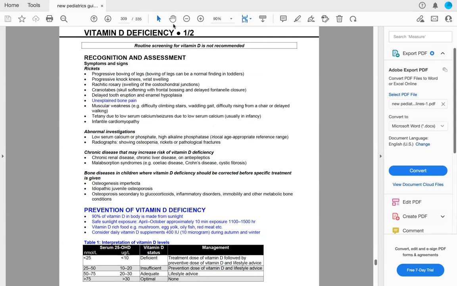If he can touch the floor, you suspect hypermobile joints, and you must do the Beighton score. This child may have hypotonia, but hypotonia and hypermobile joint are not the same. The Beighton score we do for hypermobile joints, not for hypotonia.